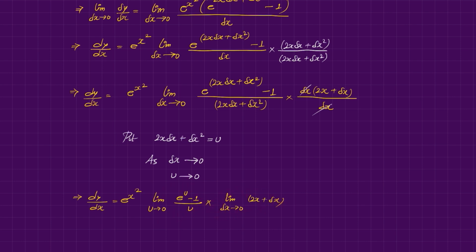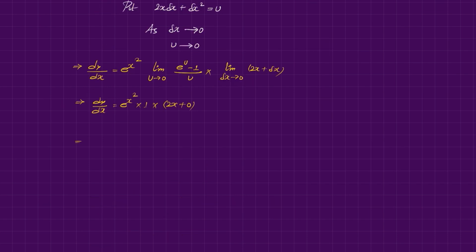So I will have dy by dx as e to the power x square times 1 times 2x plus 0. So this implies dy by dx equals 2x e to the power x square. So this is our answer for this question.